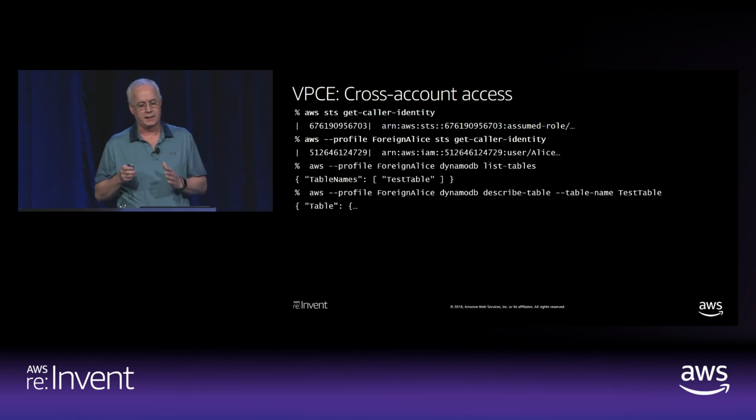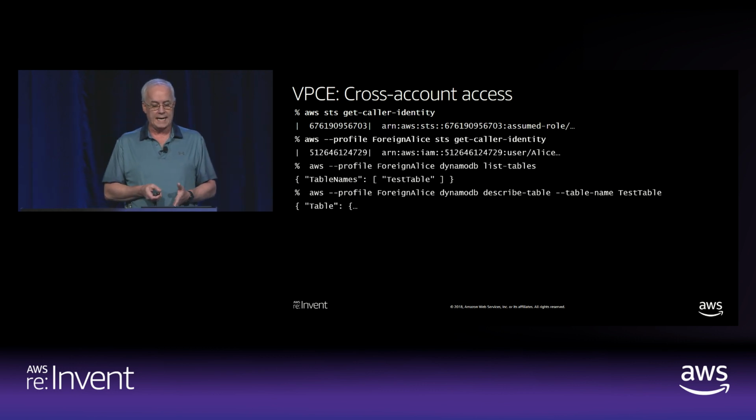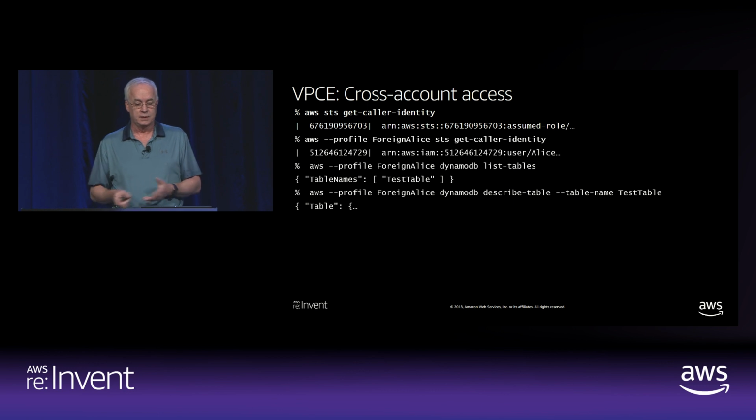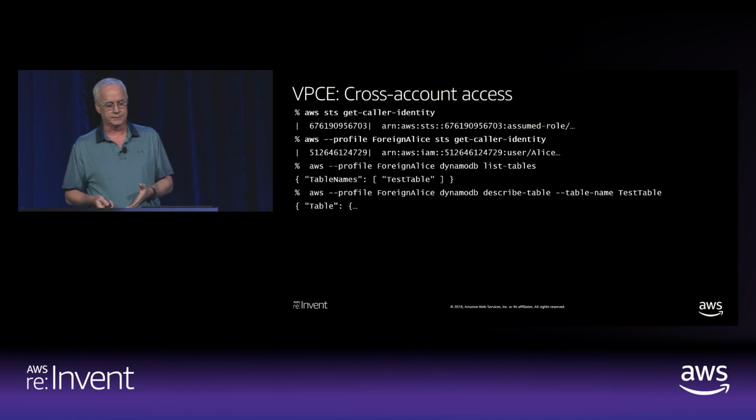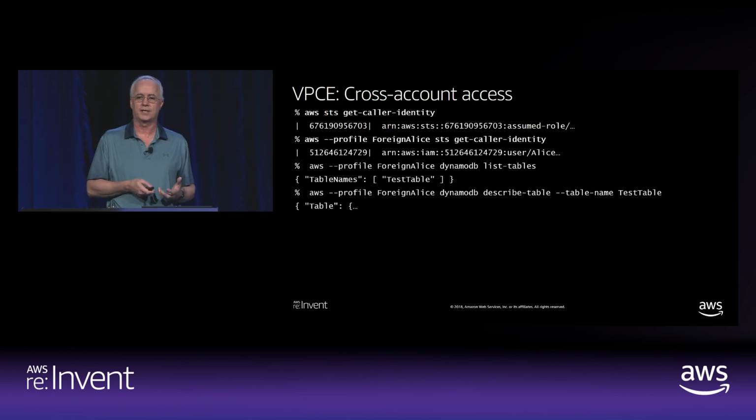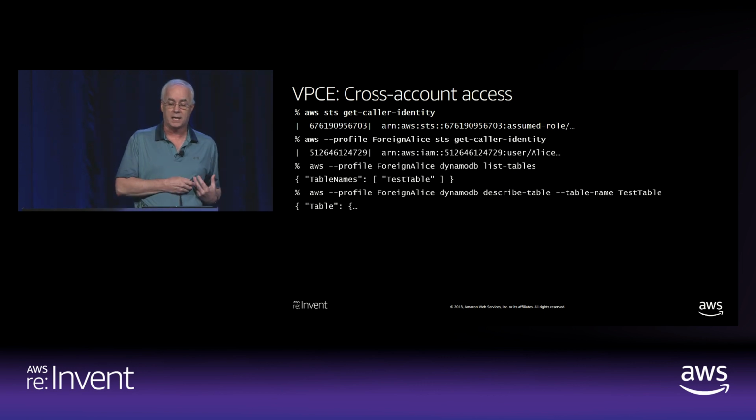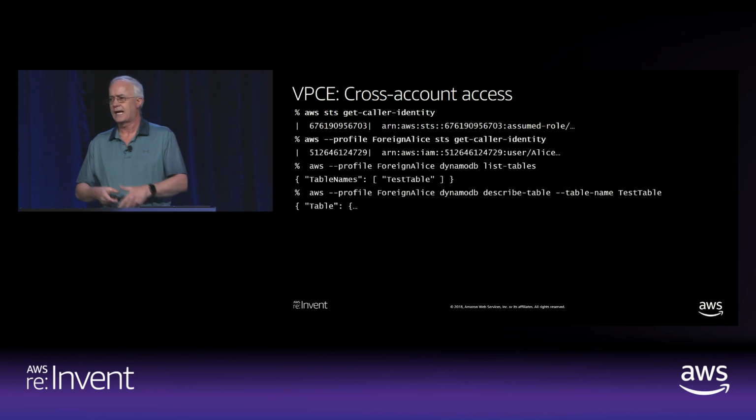without that VPC endpoint policy, if we ran with Foreign Alice, she's able to list any table, and she's also able to describe table or get item or put item on tables in her account, right? She's not limited to just my table. Even though she's running in my VPC, in my account, on my EC2 instance, she's able to access records in her own account.